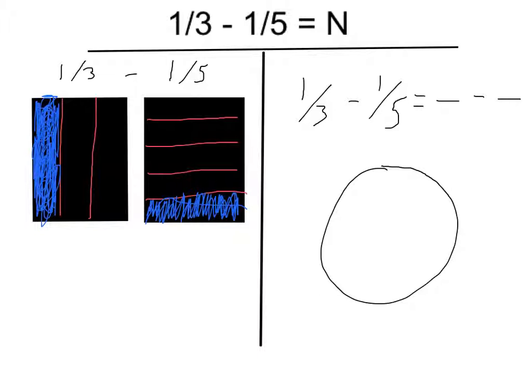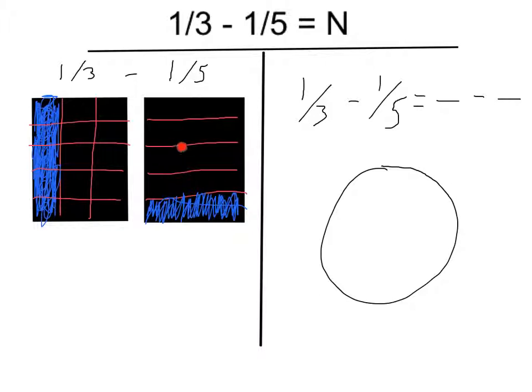First thing I need to do, since I can't take away this from this, is I need to make sure that we're talking about a fraction with the same denominator. So to do that, I will draw these lines over here. Let's do that real quick. Here's 1, 2, 3, 4, and make sure you're doing this as well in your notebook.